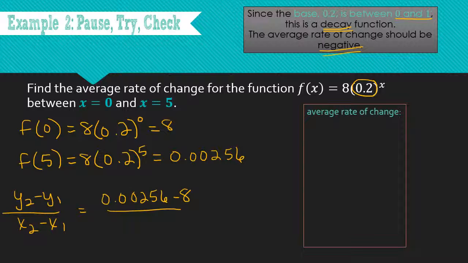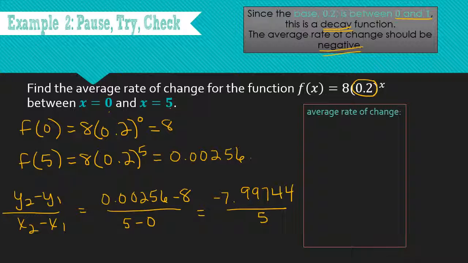So I'm just going to fill in my pieces. So I filled in my y2, that's the second y that I found, and then I put my first y that I found, I subtract those, and then my x values, I've got my x2 is 5, my x1 is 0, and then I can go ahead and subtract that. So that 0.00256 minus 8 is going to give me negative 7.99744, and that's going to be divided by 5.